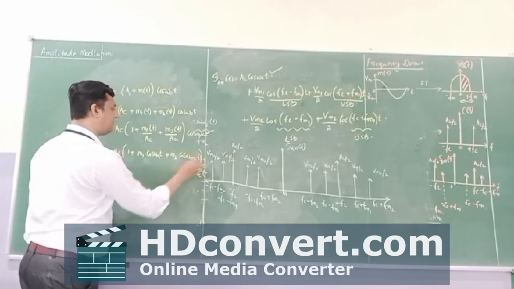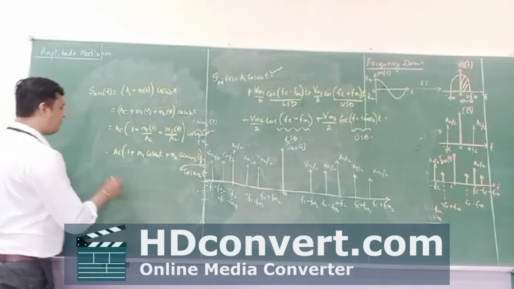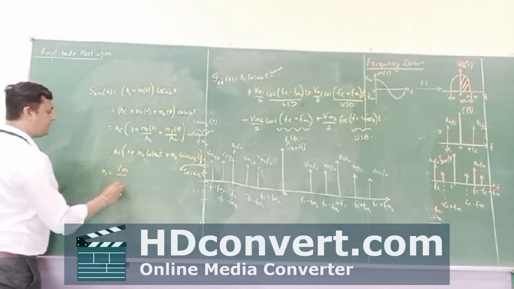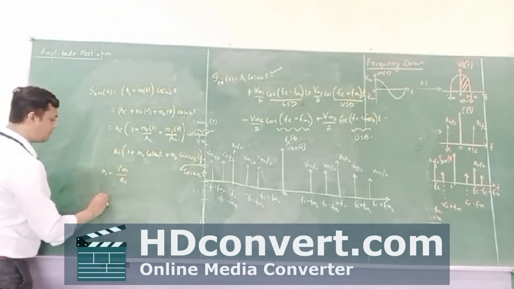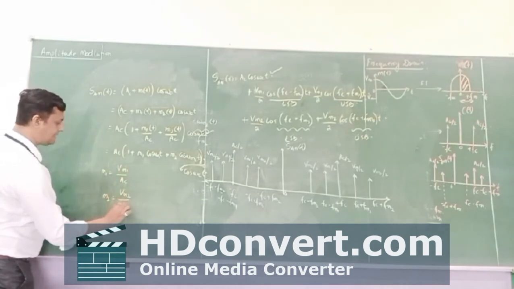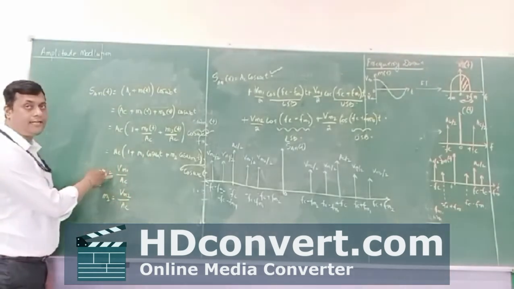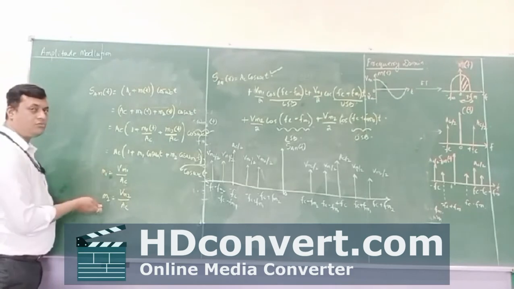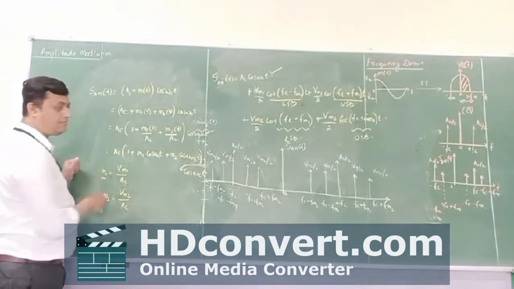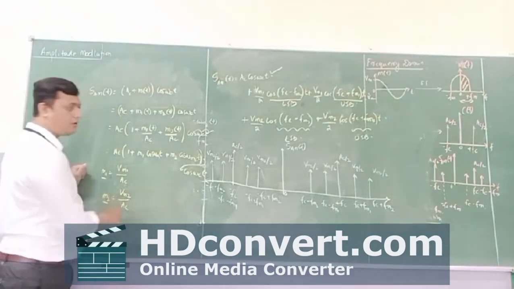Now what is m1? m1 is Vm1 by AC. What is m2? m2 is the modulation index of the second modulating signal. This is the first. Because there are two modulating signals available, m1 is the first modulation index and m2 is the second modulation index.